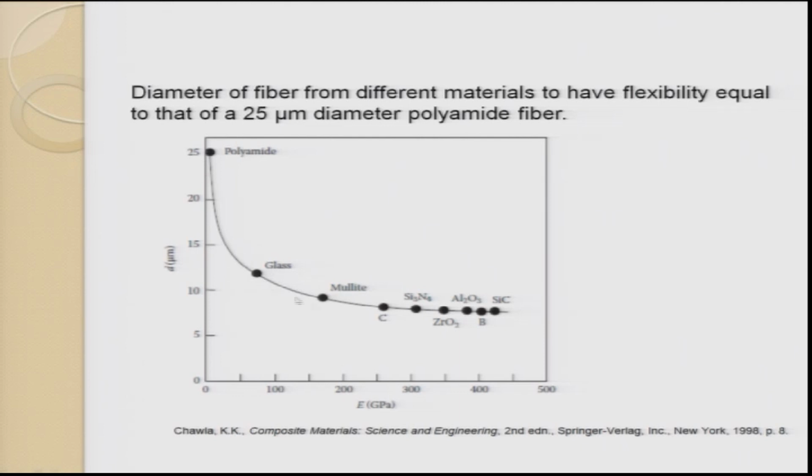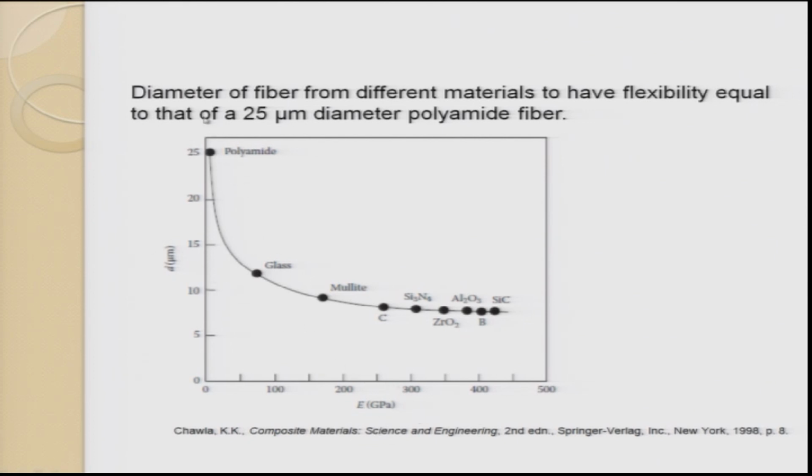Glass fiber is better. Then mullite is an offshoot of glass. Then you have carbon, then silicon nitride, zirconia, alumina, and you see SiC. Today people are talking about SiC reinforced composites for high temperature and high strength applications. So this is a graph which compares with respect to D and E, which is diameter and E.